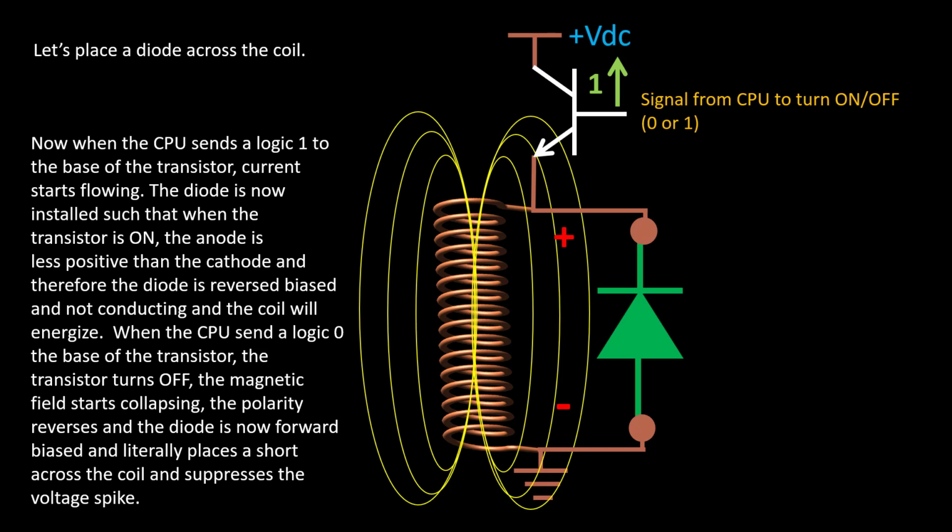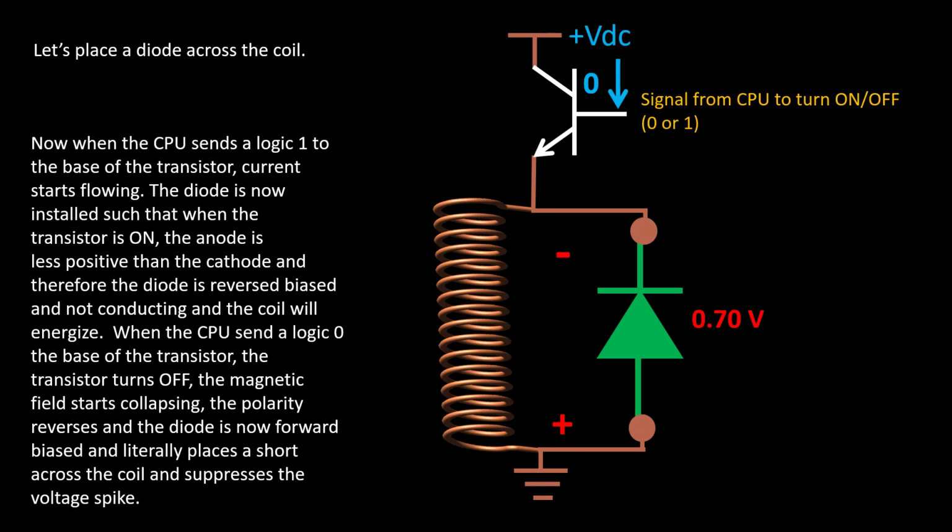It will not conduct current. The current flows through the inductor and the field builds up. So this now works exactly the way it did without the diode. Close the switch, current flows, field builds up. Inductor's happy. Now we're going to turn the transistor off.